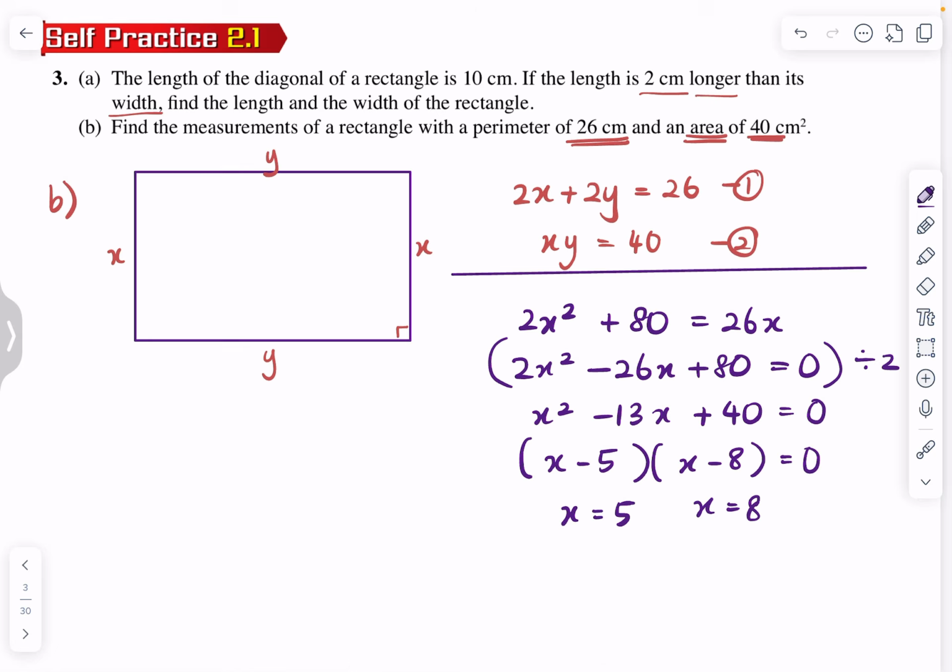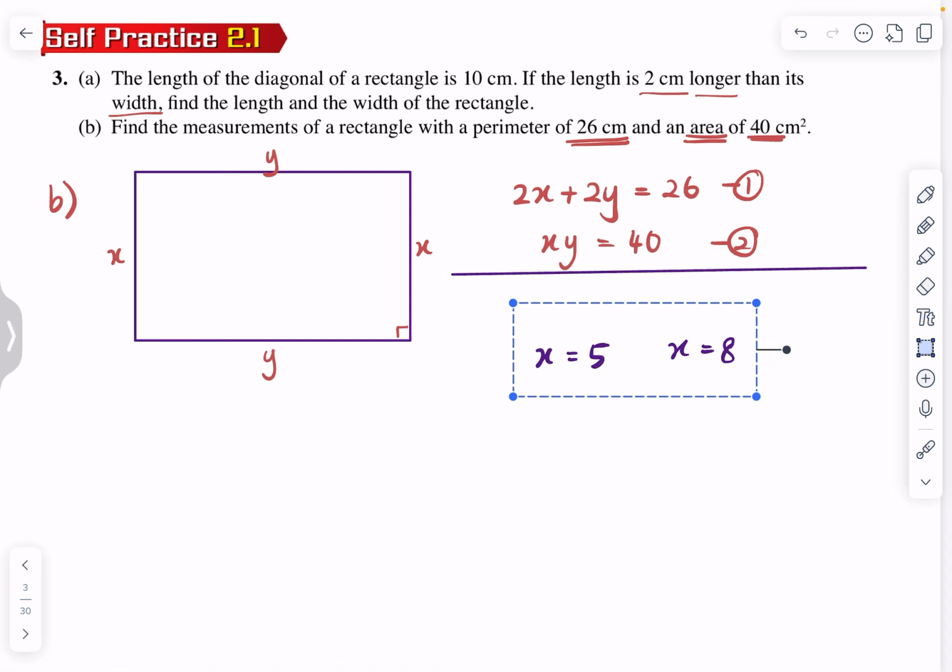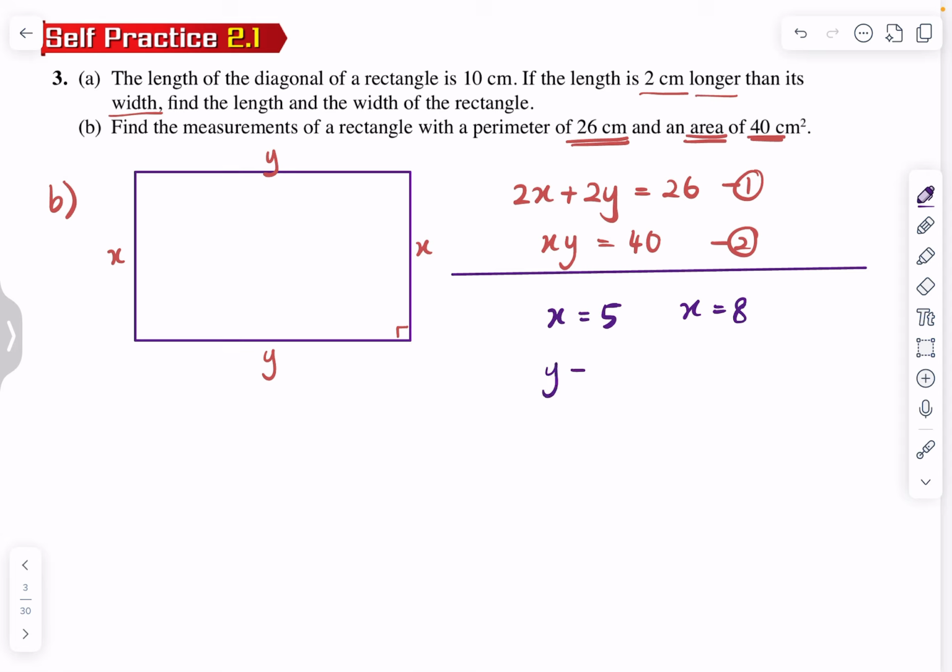Then we try to figure out y. So using these two values, we can find out what is y. Y is 40 divided by x. So 40 divided by 8. This will give us 5 and this will give us 8.